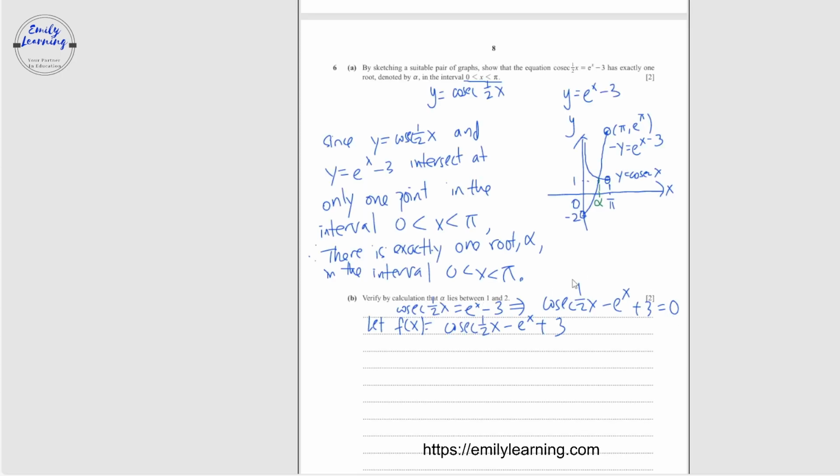So I'm finding when f(x) equals 0. I'll first let f(x) equal this. Next, I want to find f(1) and f(2). Okay, so let's do it.